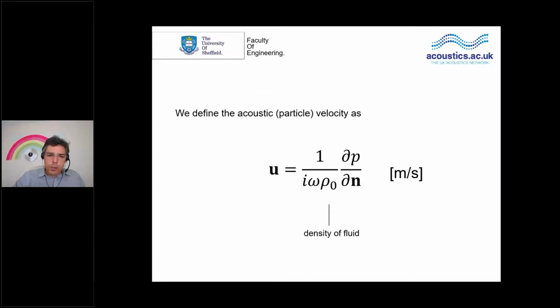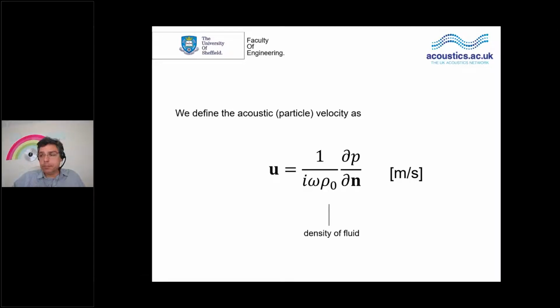So also we like to define another property, which is called acoustic velocity, which is basically the normal derivative of sound pressure taken on the surface, usually, of the porous medium. And here we've got a density of fluid, normally air, and we've got a frequency, and again, the same imaginary i. So this property is a vector, so it contains three components in Cartesian coordinates x, y, and z, unlike the pressure, which is a scalar.